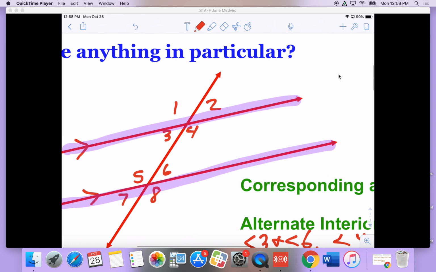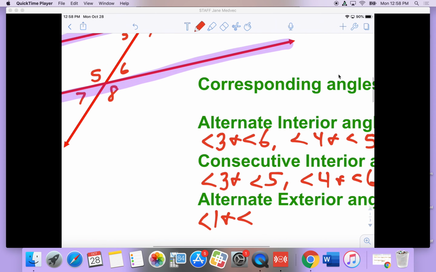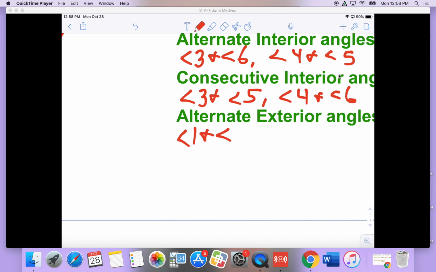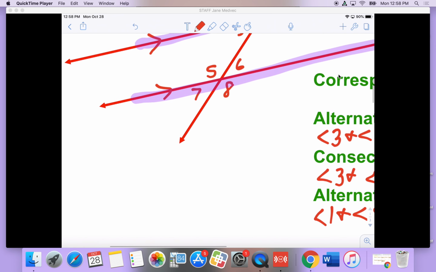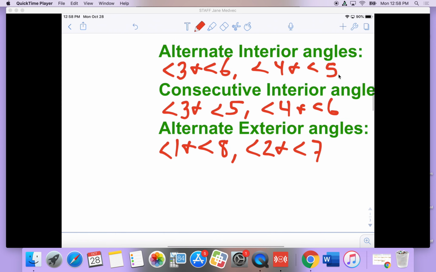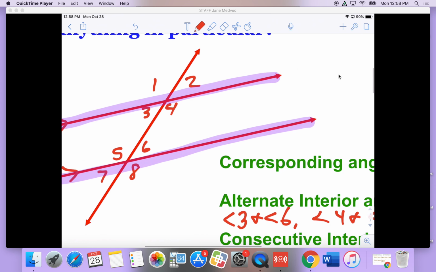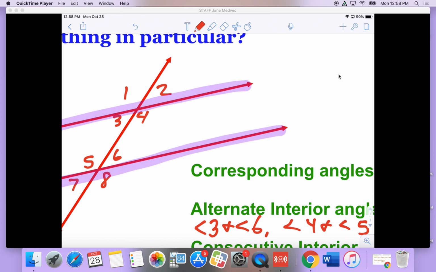Okay. Now let's go to alternate exterior. So again, we talked about the exterior being 1, 2, 7, and 8. So if I pick angle 1, you pick angle 8. That's right. And then if I pick angle 2, you pick angle 7. Right. Any questions on that? All right, now corresponding. If you remember, corresponding angles were kind of like the directions.